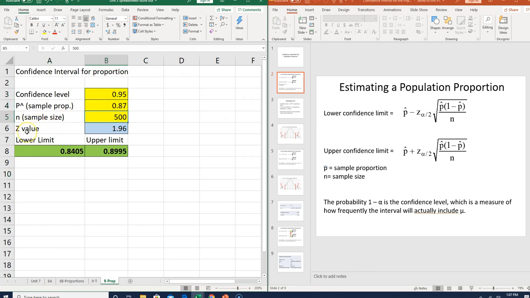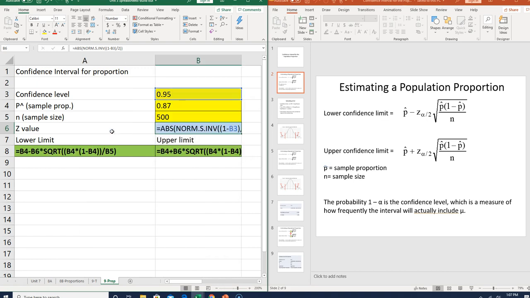Now I have the z-value, and that is calculated based on the confidence level. So I'm going to switch this over to formulas and show you what it is. Okay. So what we have here is norm.s.inv, which is back from Unit 7, how to look up a percent and get the z-value. And then instead of putting in the significance level, which if the confidence level is 95, the significance level is 5%.